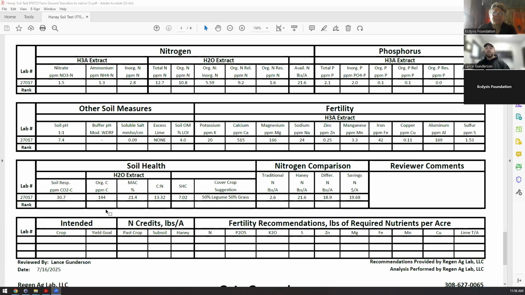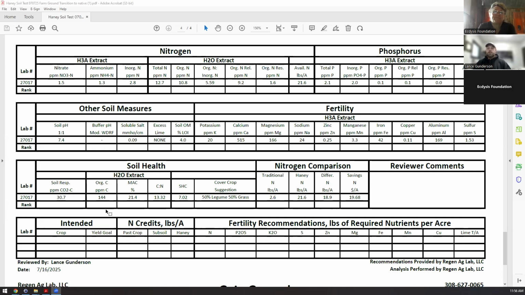We see that a lot. Actually, I just ran samples yesterday. Water soluble organic carbon was 950 parts per million. Don't see that very often. Ironically, the organic matter was only 4%. So it's not like the organic matter was 30% or anything weird.